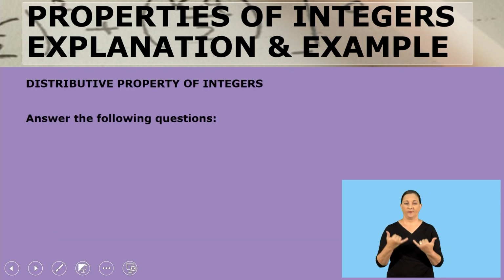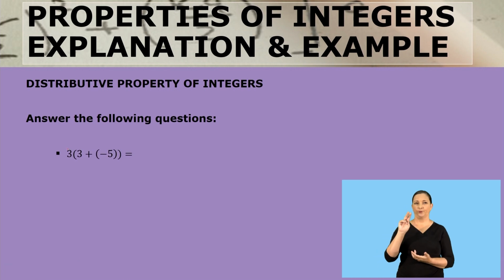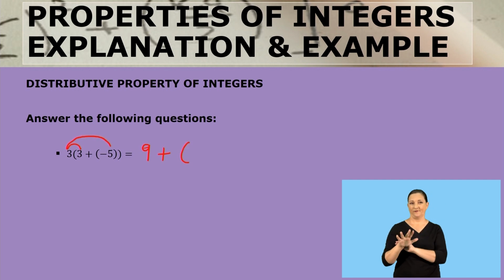What about the distributive properties of integers? So remember, we can distribute. That means I can say 3 multiplied by 3, which is 9. And I'm going to add that to 3 multiplied by a negative 5. Now 3 multiplied by negative 5 gives us a negative 15.